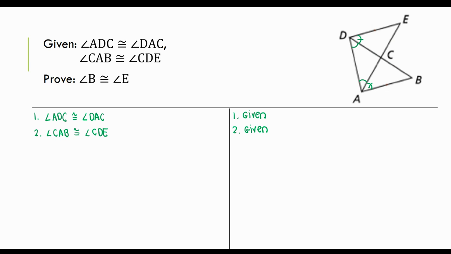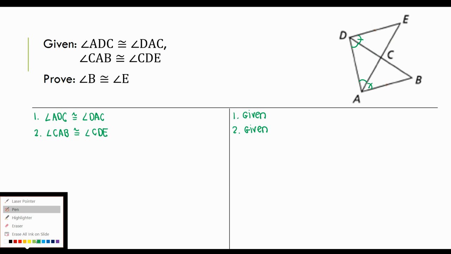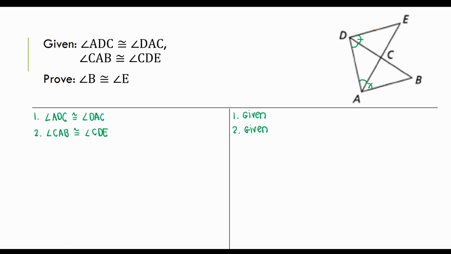Notice that we are trying to prove that angle B is congruent to angle E. So there are quite a few triangles in this picture. We have to figure out what triangles are going to benefit us here. And there's actually several different options for us to prove that we can, at the end, get angle B and angle E congruent, because there are angles that are inside 2 different triangles.